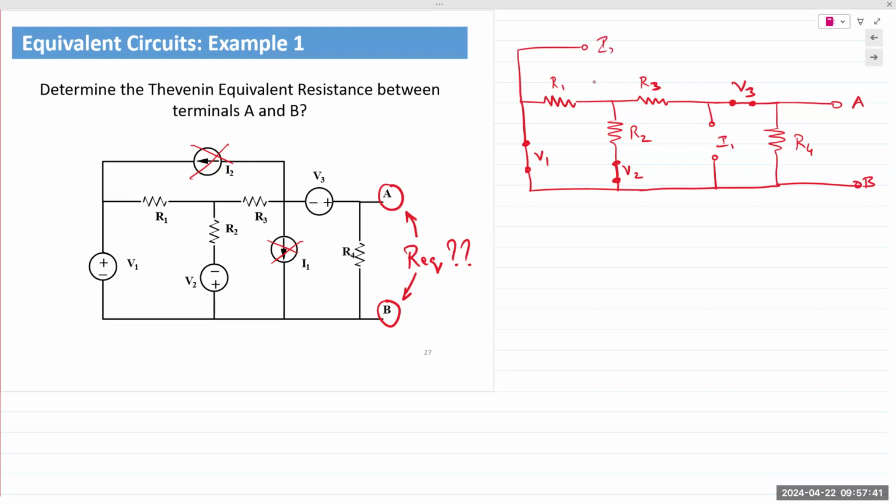And this is where I2 was connected. Does everyone have the same? Anyone have anything different? So now, how has the circuit changed?